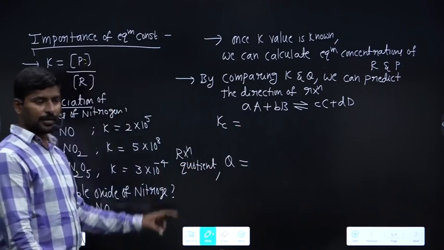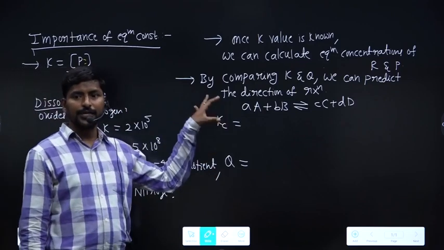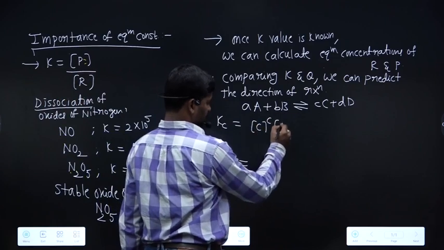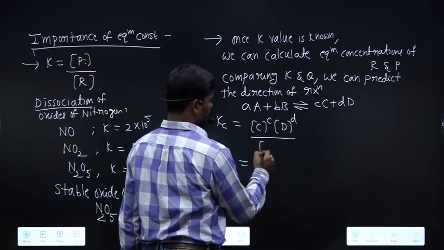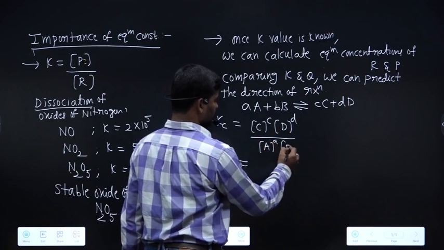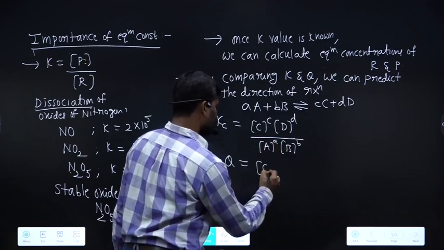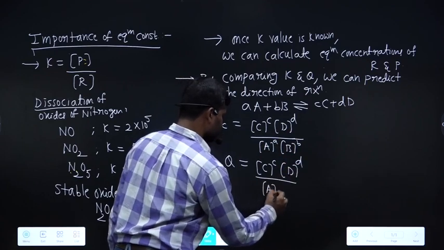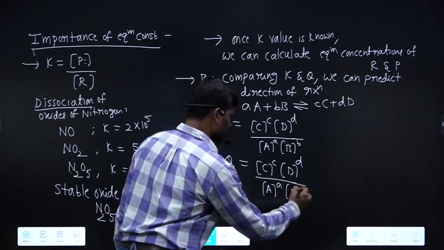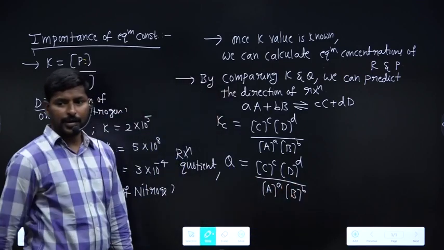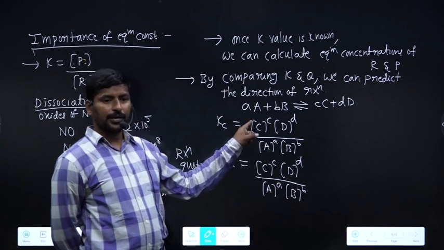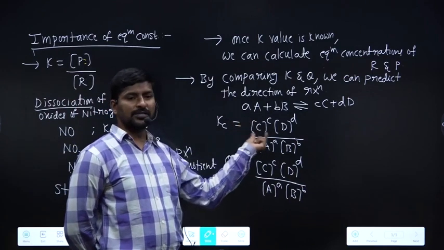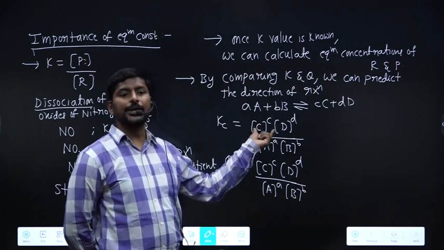Both have the same expressions, but the difference is that in the equilibrium constant we substitute the concentrations of A, B, C, D at equilibrium only.